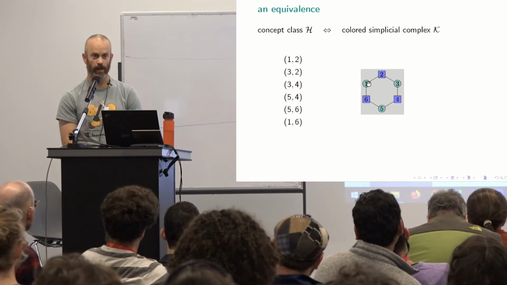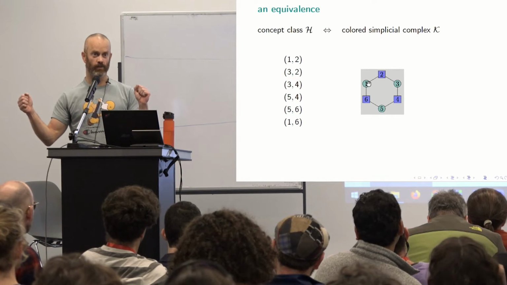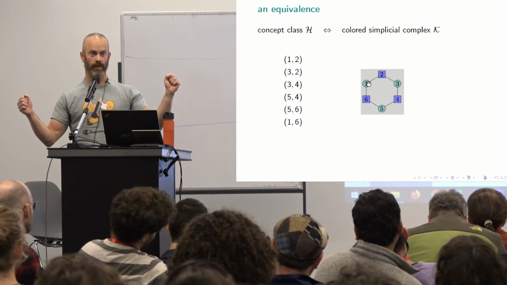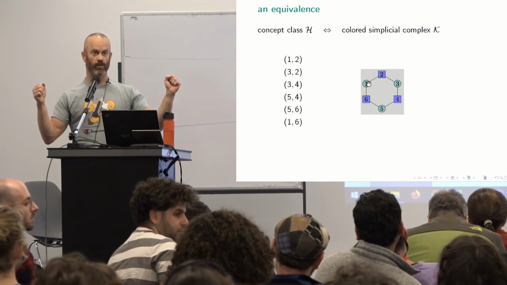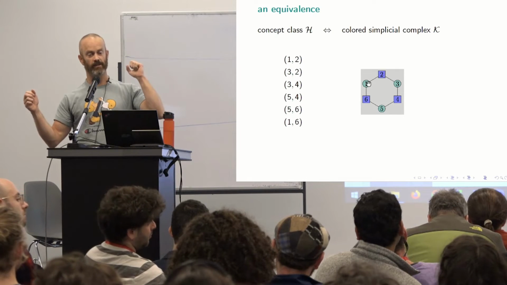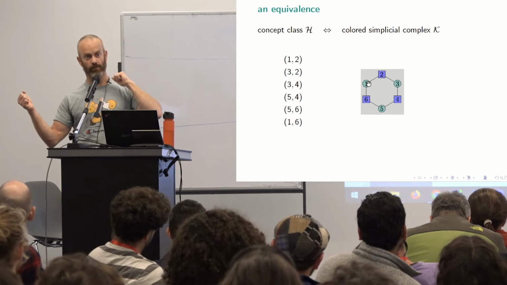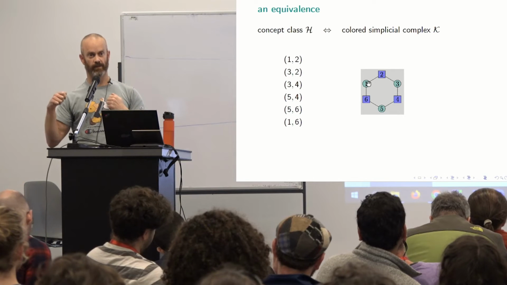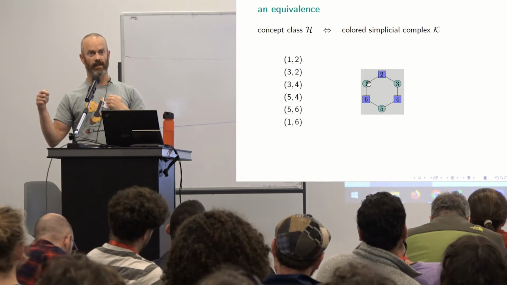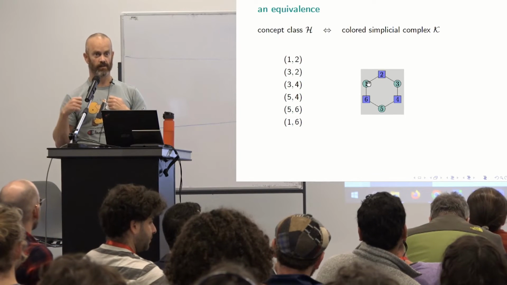So when edge 1, 2, we have two values, 1 and 2. 1 is green, so it will appear in the first coordinate of the function. 2 is blue, so it will appear in the second coordinate of the function. In the edge 2, 3, 2 will appear in the second coordinate, and 3 will appear in the first coordinate. So the colors of the vertices tell us in which coordinate we put this vertex.